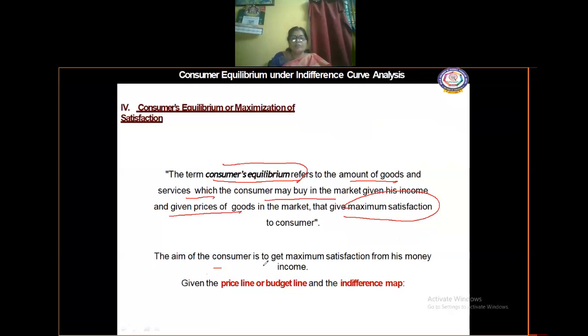So the aim of the rational consumer is to attain maximum satisfaction from his given income or money. So that is only called the price line or budget line. And the various levels of combination through the indifference curves is called the indifference map.